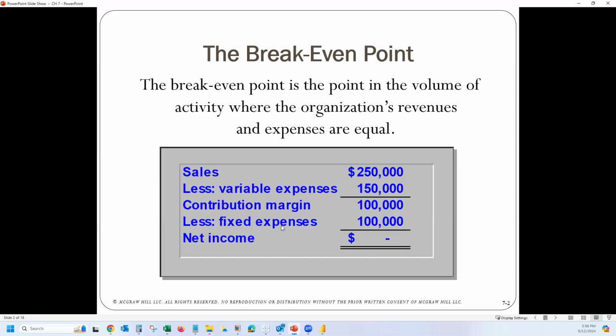So right here, we have the fixed expenses, or we call it the fixed cost. So the fixed expenses here is $100,000, and then your contribution margin is $100,000, which means the contribution margin covers the fixed cost or the fixed expenses. At this point, you neither make profit nor loss.